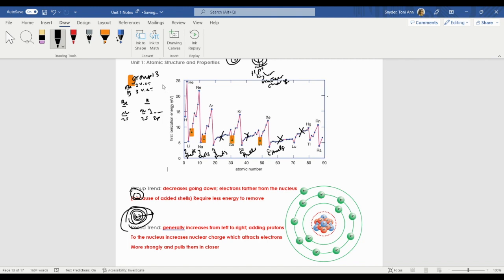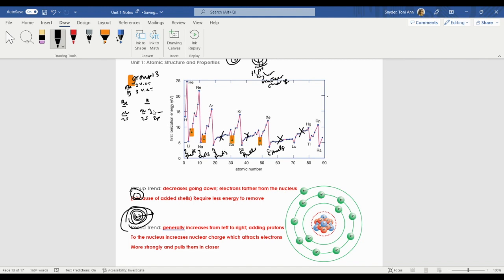Because boron has this 1 valence electron that's kind of just hanging out, it's actually easier to remove an electron that's not paired versus an element that has a full pair around them. It's easier to remove this 1p electron because that p subshell, again, is farther away from the nucleus.